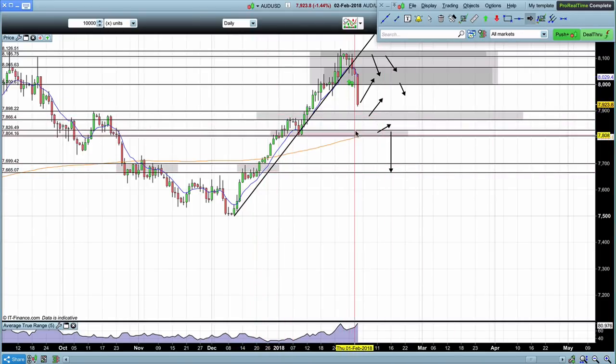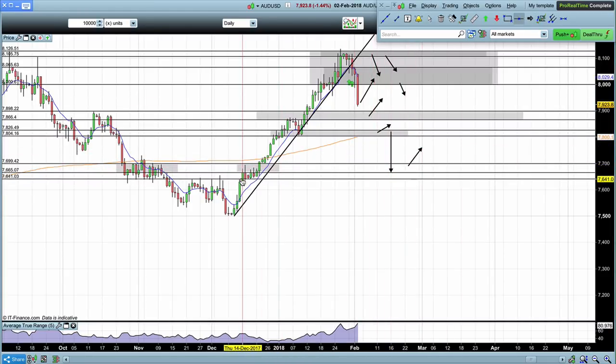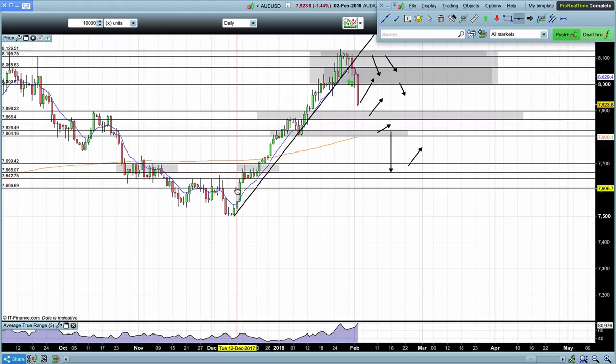If we're failing at this level, I would then expect the market to come down into this level, which would once again become a good level to watch for those bullish positions. We then have another level at 7,640, all the way down toward 7,605 right here.